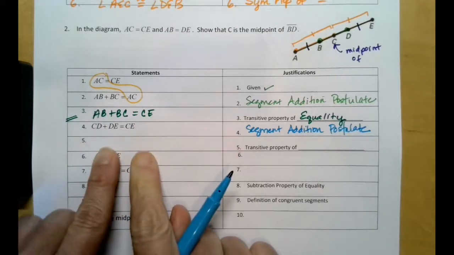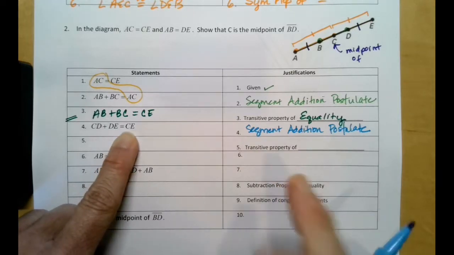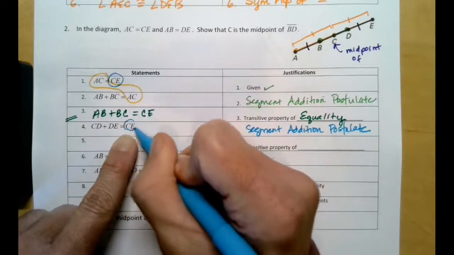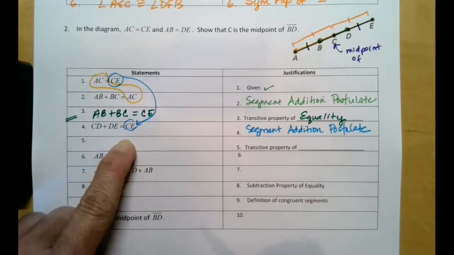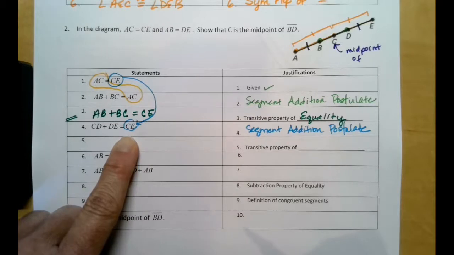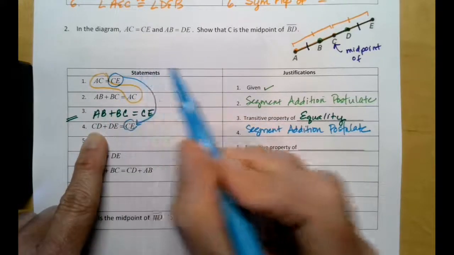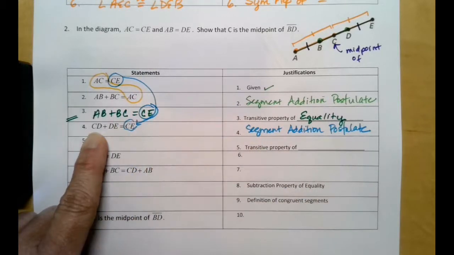All right, so where do you think we're going? Because they're back to the transitive property, and it looks like, again, we're going to be connecting, but this time, instead of AC, let's go ahead and see what CE is equal to. So our next statement is going to be, if I have CE equal to AC and AC was equal to this, isn't CE also here?